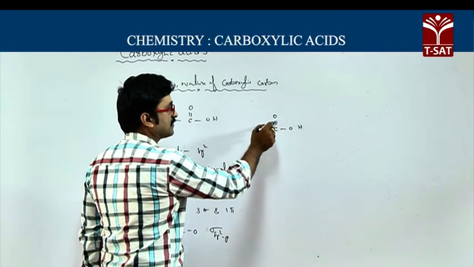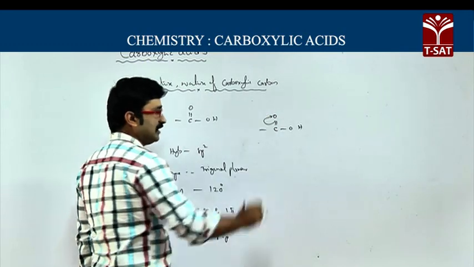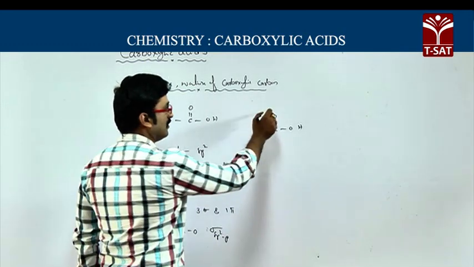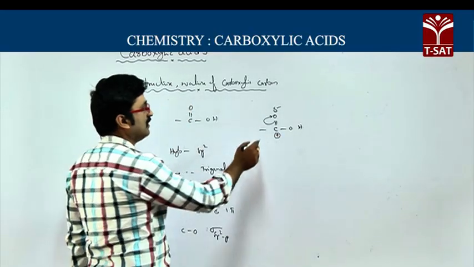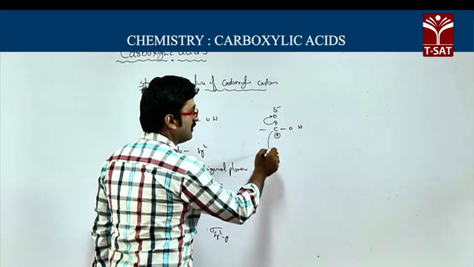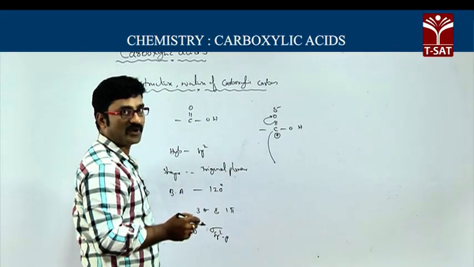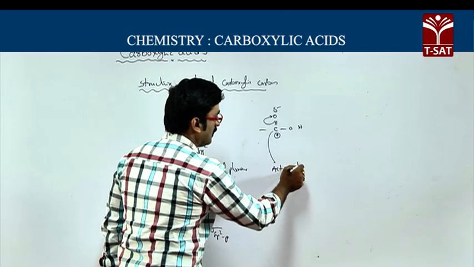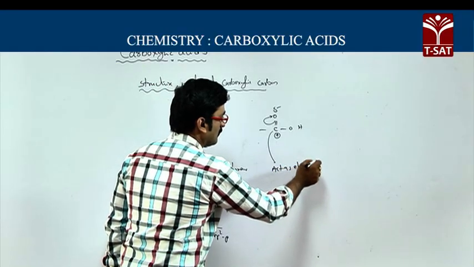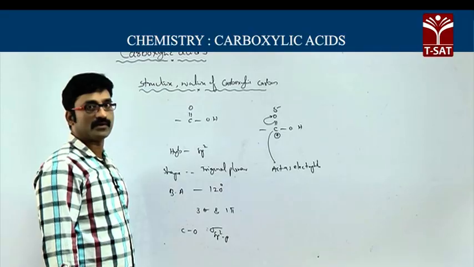And when these pi electrons are taken by the oxygen, it gets a negative charge and the carbon gets a positive charge. It means this carboxylic carbon is getting a positive charge, so it acts as an electrophile.